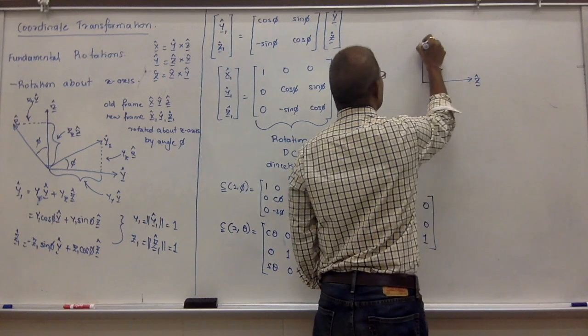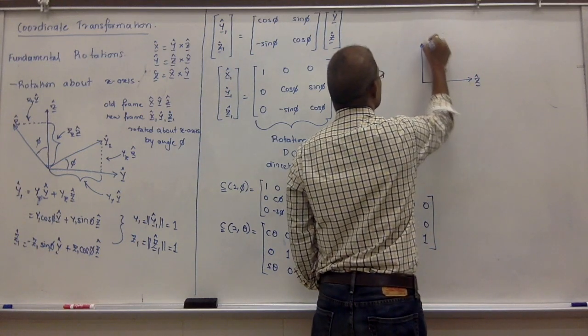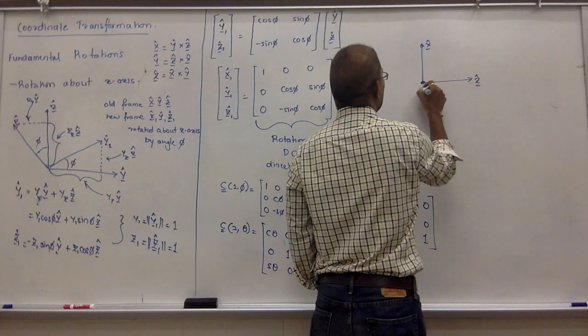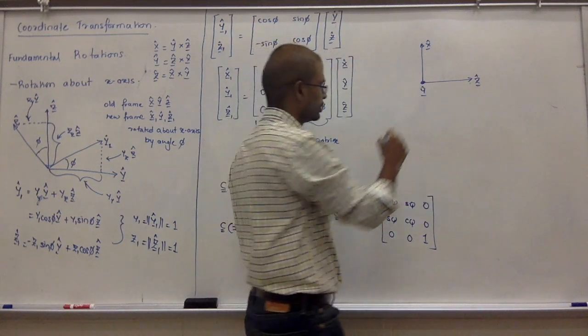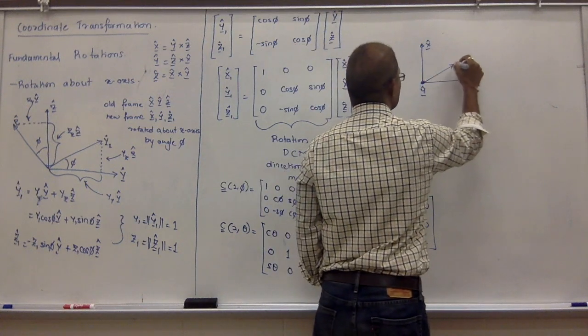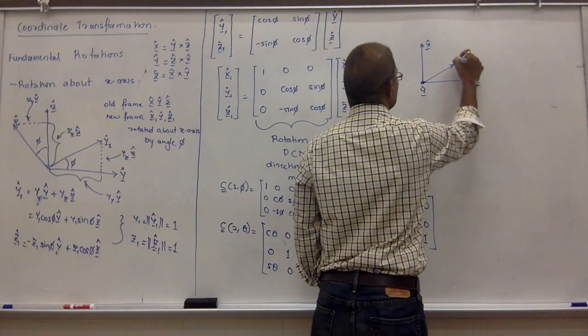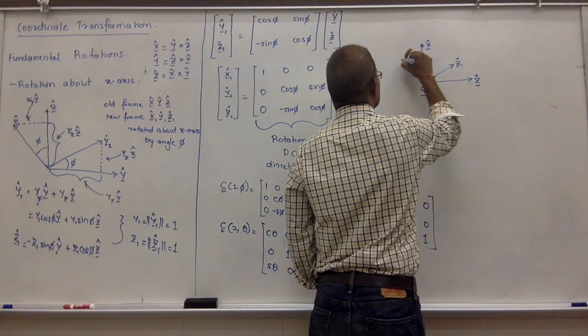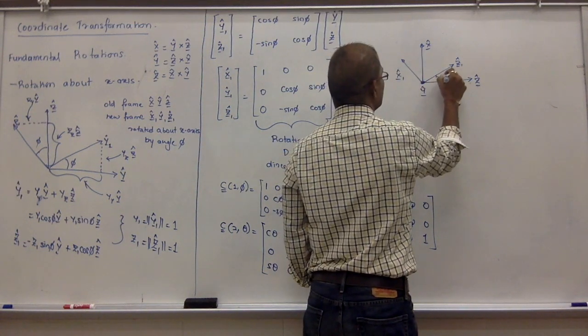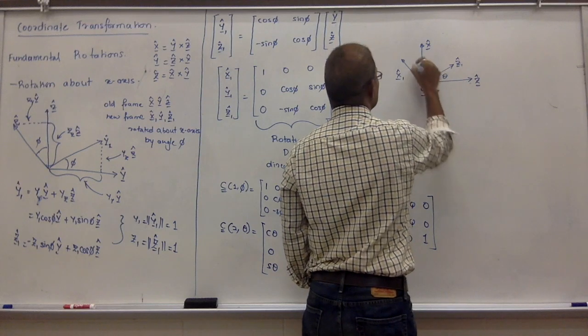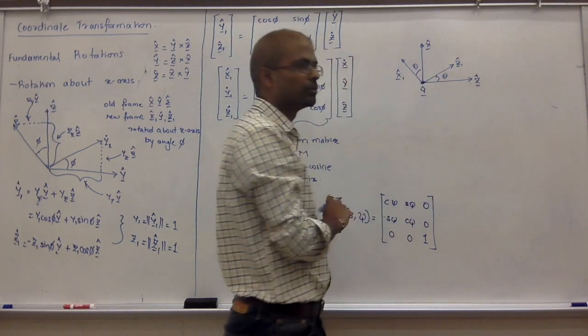This would be x, and this would be my y. Now, this would be z1, this would be x1. What is this angle? We said this is theta, this is theta. Got it?